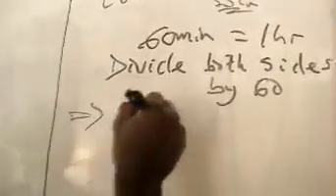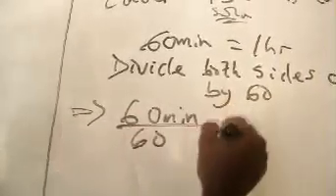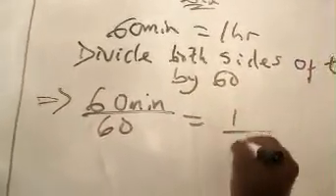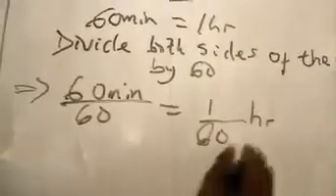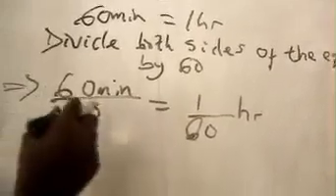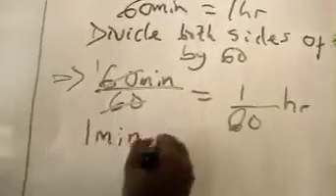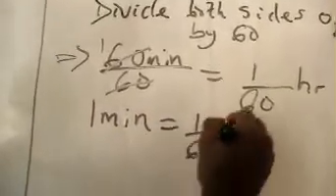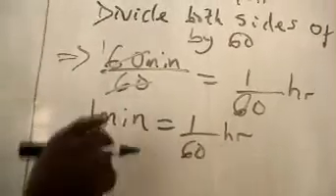When we do that, this is what we'll get. 60 minutes divided by 60, equal to 1 hour divided by 60. So 60 will cancel 60 up here, and we'll be left with 1 minute. So that means we've achieved our goal. 1 minute is now 1 over 60 hour.